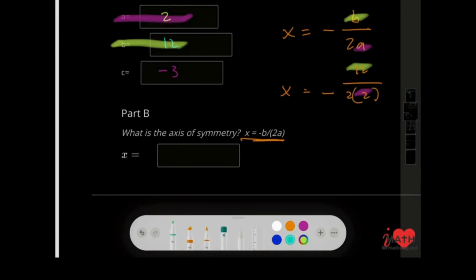And let's just go ahead and simplify that. So x equals -12 over 2 times 2, which is 4. Did you notice I'm doing that negative sign at the very end? That's just my preference. 12 divided by 4. Remember, if you don't understand cross canceling, 12 is really 4 times 3, right? So cross out your 4s. 4 divided by 4 is 1, so I cancel that out, so I'm left with x equals -3 as my answer. Let's highlight that.